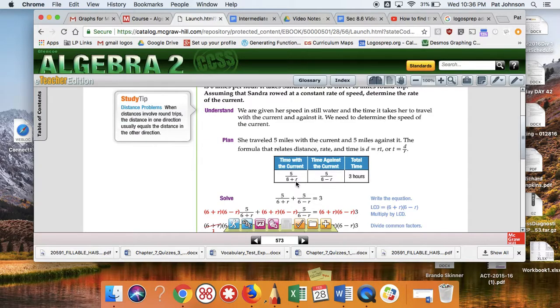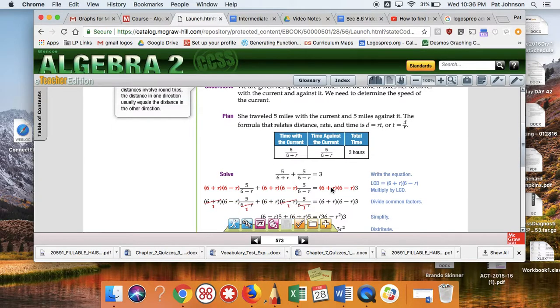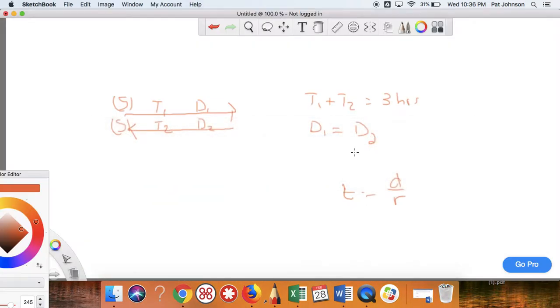So 6 plus whatever the current is, because she's going with it. When you're going against it, it's going to slow you down, so it's 6 minus this. So now we have what? This time plus this time equals 3 hours. Okay? Right?